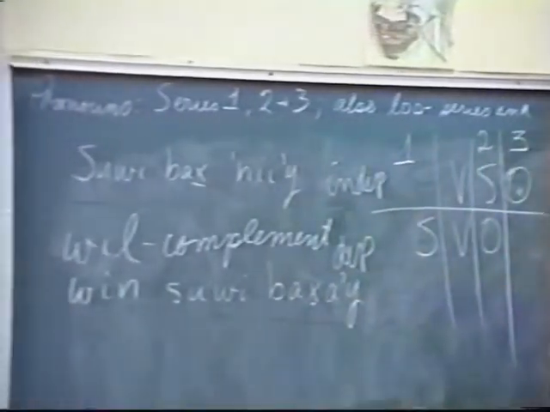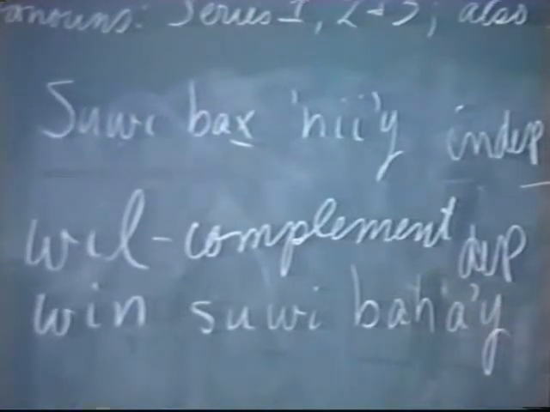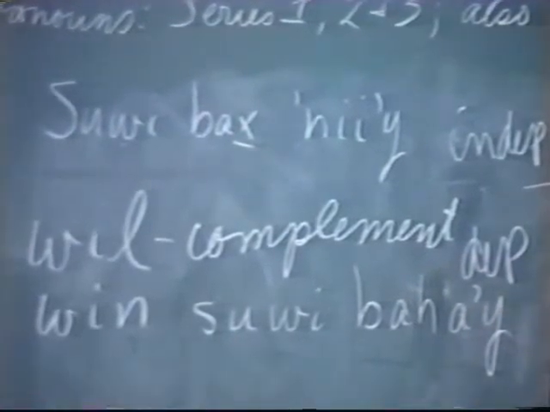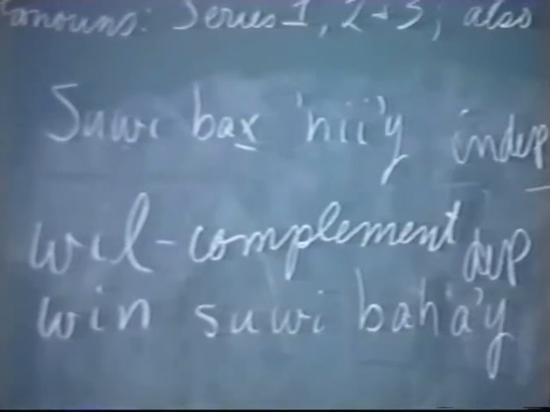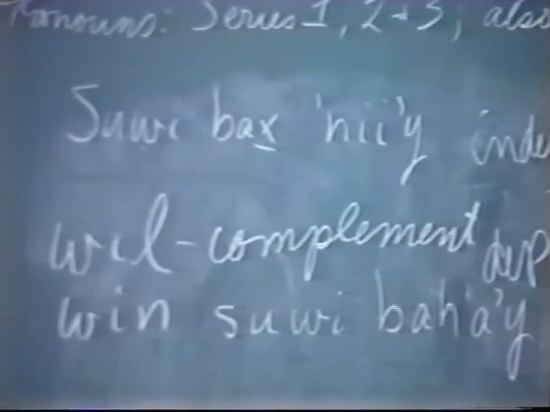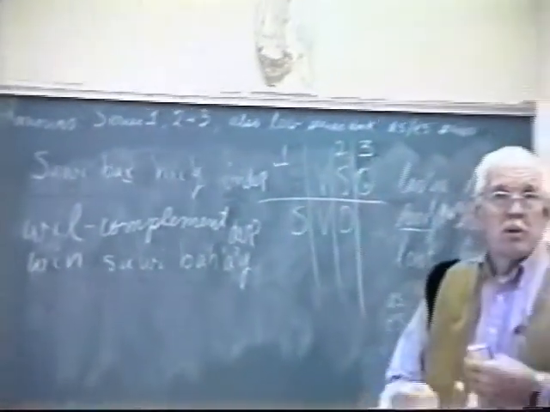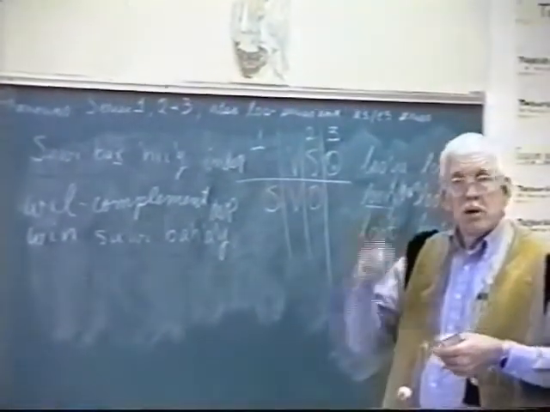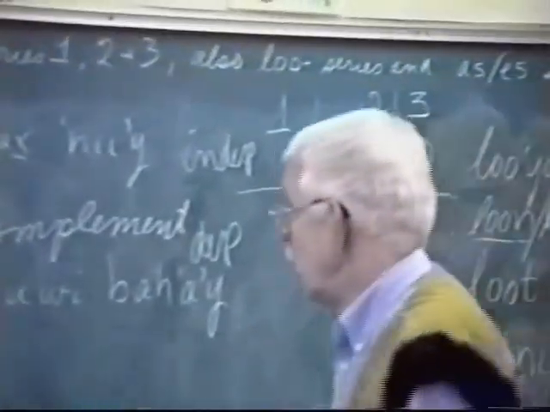So win sui bachai, or better win sui bachai, or win sui bai, where you even drop the H. That's an example of going from the independent order to the dependent order.